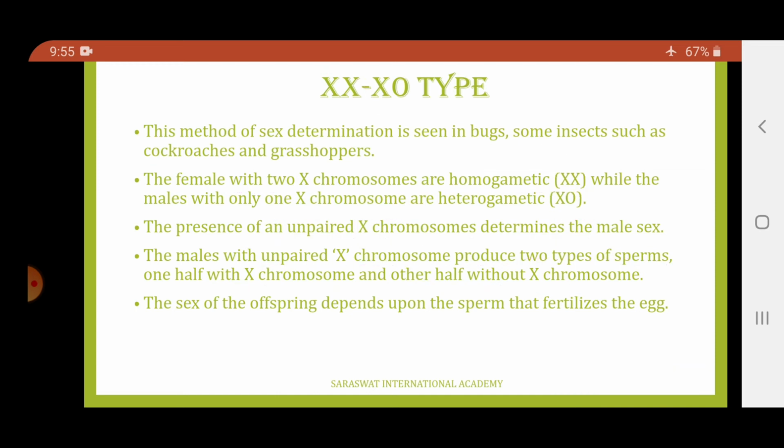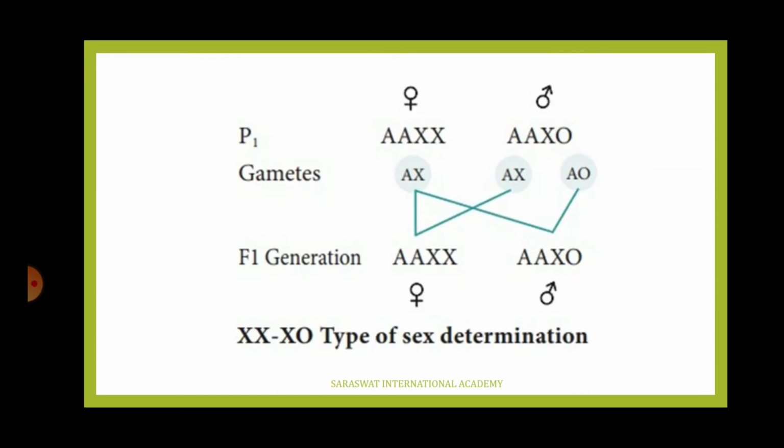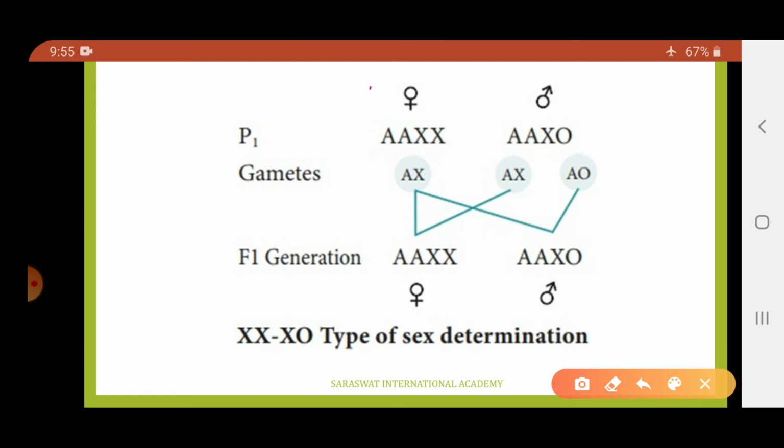This thing will be clear by observing this chart, students. See students, this is a female. The AA indicates what? The AA indicates the autosomes, and XX indicates what? The sex chromosome. So females have two X chromosomes and males have autosomes and X0. X0 indicates what, students?